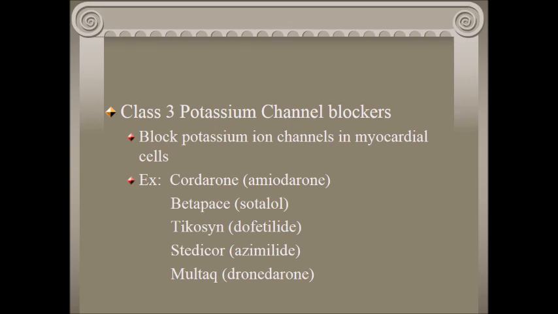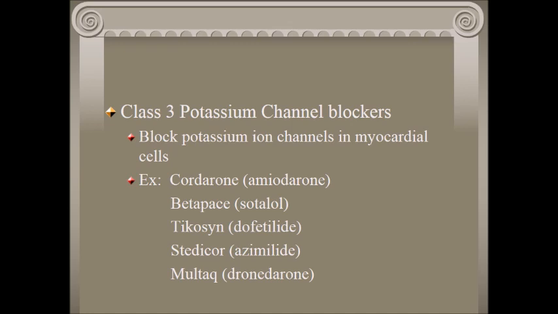Amiodarone is usually used for unstable VTach or can be used for supraventricular tachycardia or people who have impaired cardiac function. Betapace is in the chemical class of beta blockers, but is in the functional class of Class 3 potassium channel blockers.